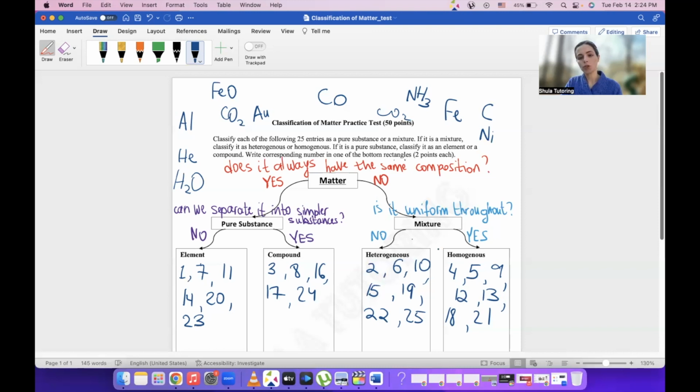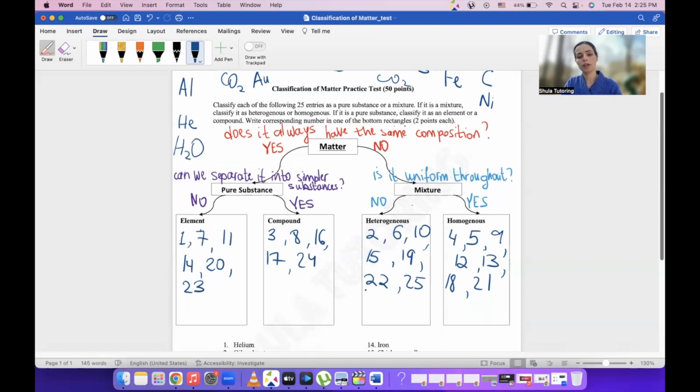For mixtures, always ask yourself if you can see individual components. Anything that's dissolved fully will be a homogeneous mixture. Anything that is not dissolved fully will be a heterogeneous mixture. And for heterogeneous mixtures, it's usually substances that are in different states of matter, right? So we have different states of matter: liquid, solid, and gas.